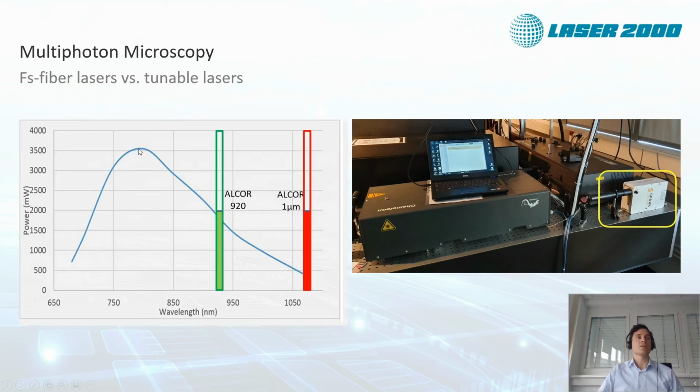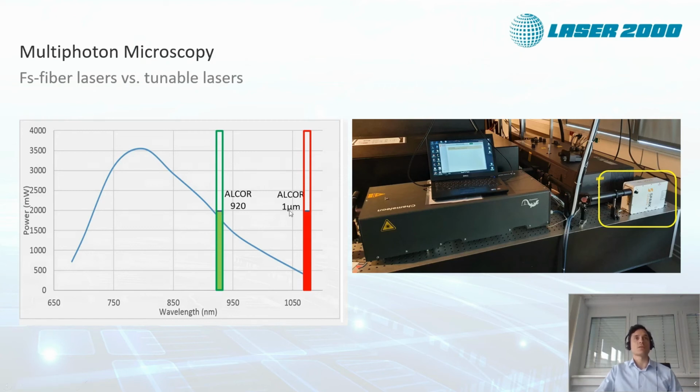And the partner Spark Lasers has seen that many of the users, they have these tunable lasers, but they just tune into one of the common wavelengths, 920 nanometer, or 1 micrometer, 1064. And what you can see here, the 2-watt version of the femtosecond fiber laser has already a bit more power at 920 nanometer.